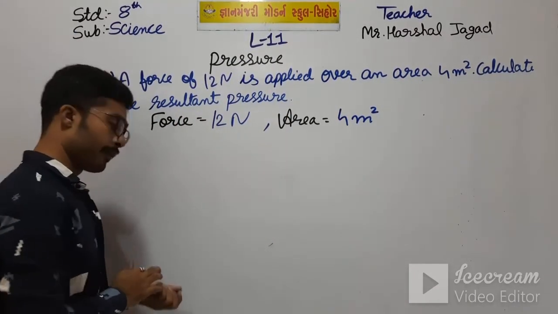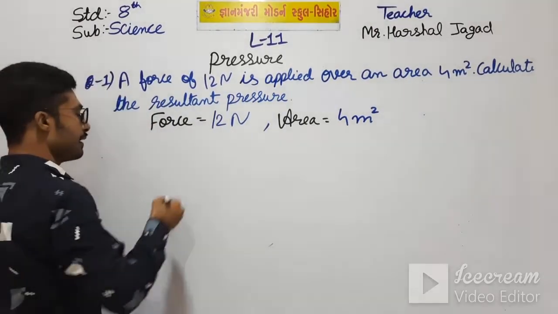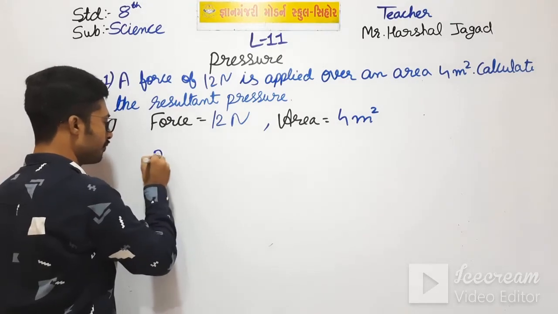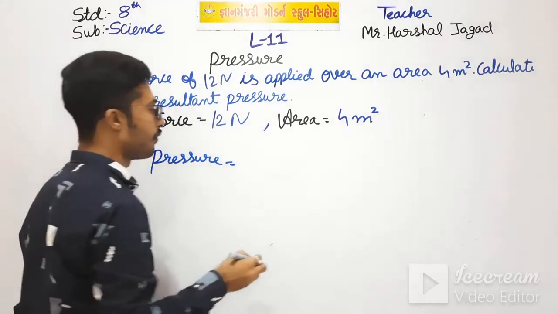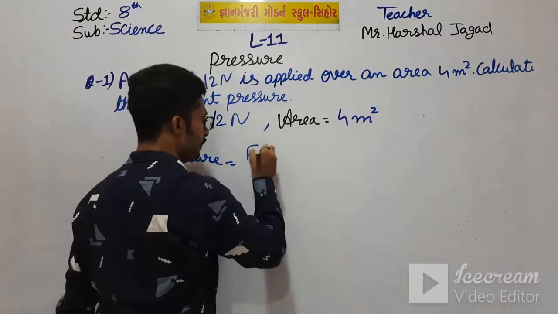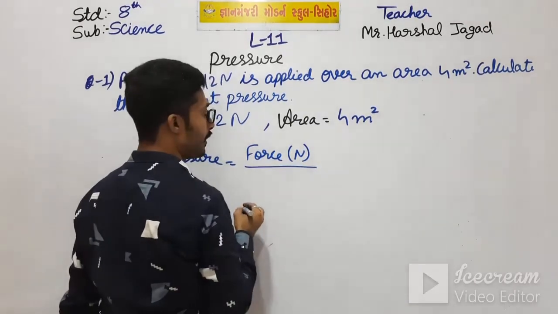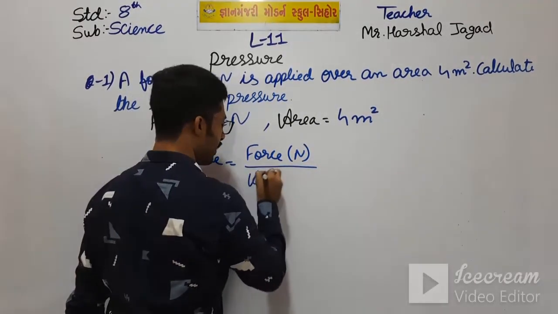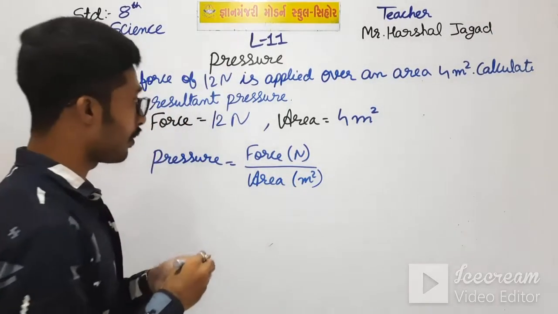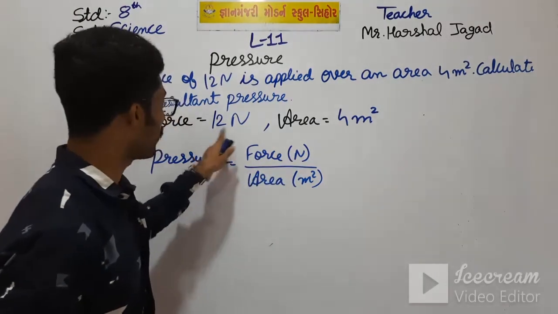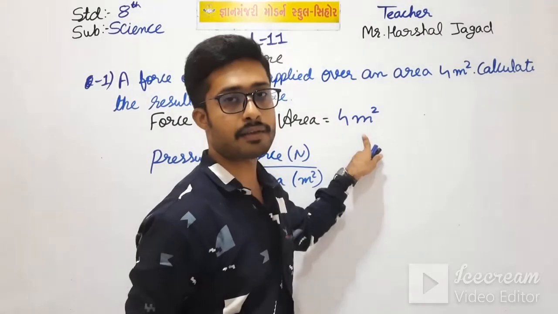Now, what is the formula or definition of pressure? We can say that pressure is equal to force in Newton per unit area, that is area in meter square. Here the force is in Newton, and the area we want in meter square is already in meter square.